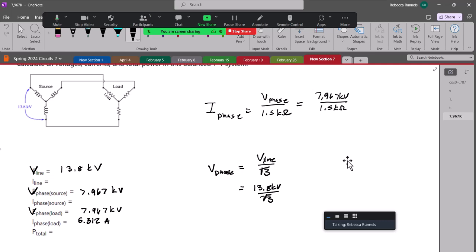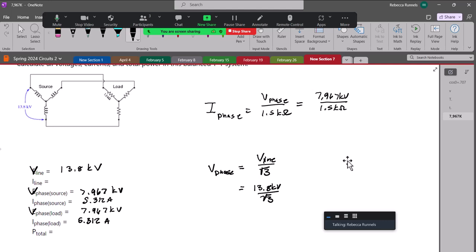And now, since our load and source are symmetric, we should have the same phase current in the source as in the load. So that should be 5.312 amps.